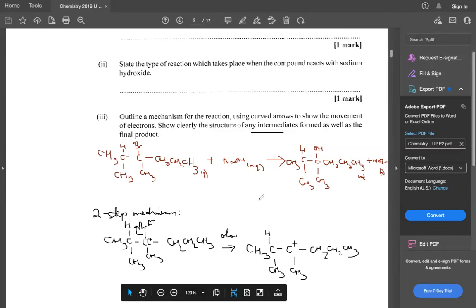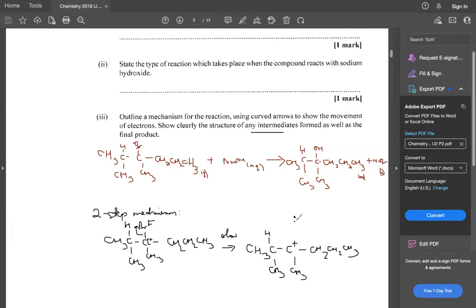Remember that we're reacting this whole thing with sodium hydroxide. The sodium hydroxide in solution supplies hydroxide ions, which are negatively charged. Our negatively charged species are known as nucleophiles. They are nucleus loving, so they love positive charges.